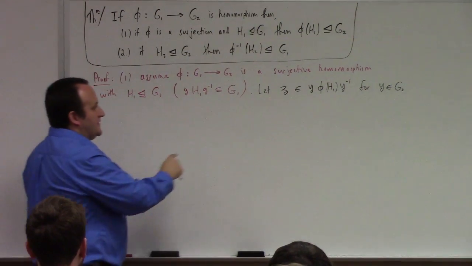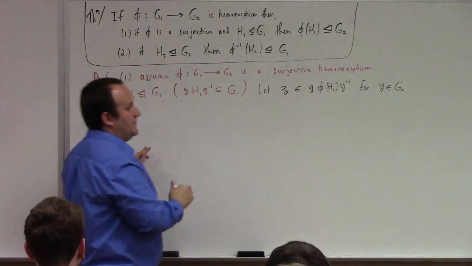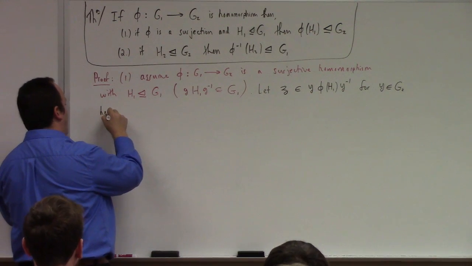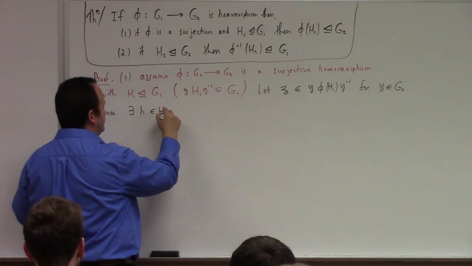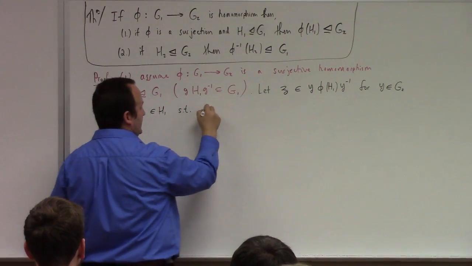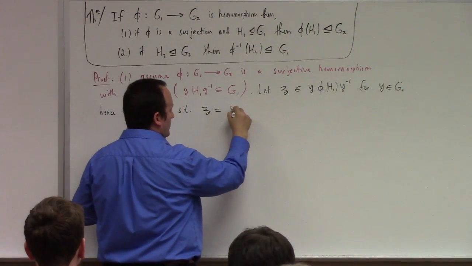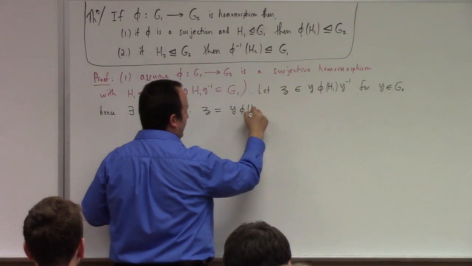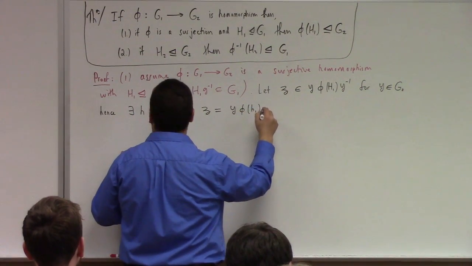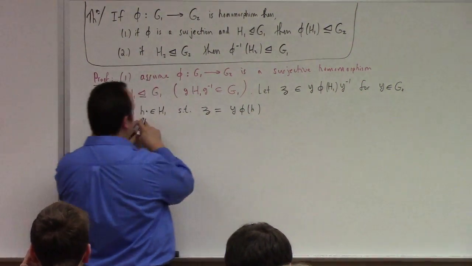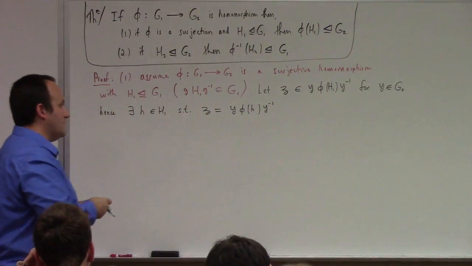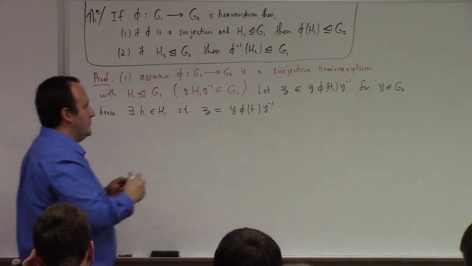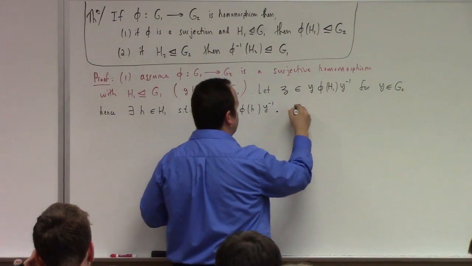So what does it mean to say that Z is an element of this thing? It means that there exists some H in H1 such that Z is equal to Y phi of H Y inverse. But why is the surjectivity important?